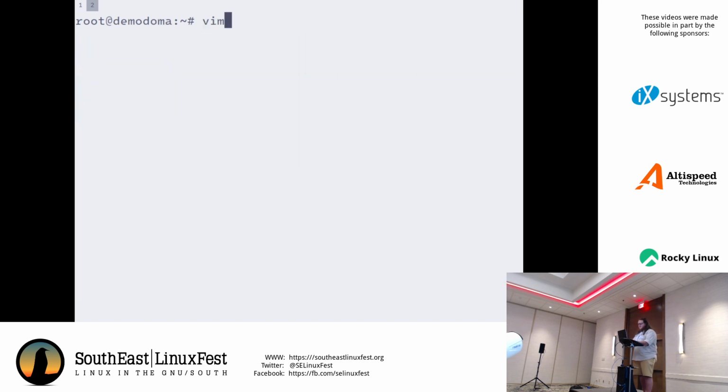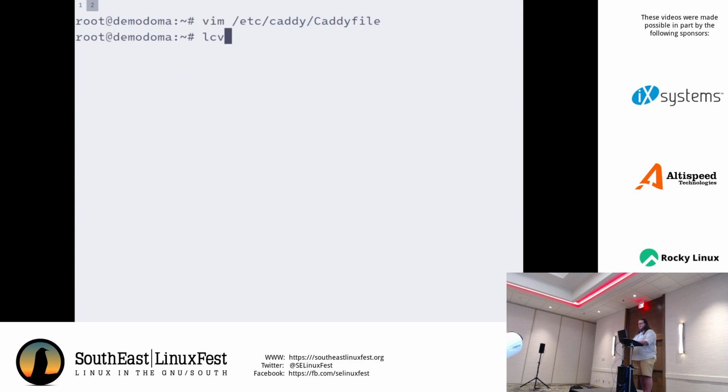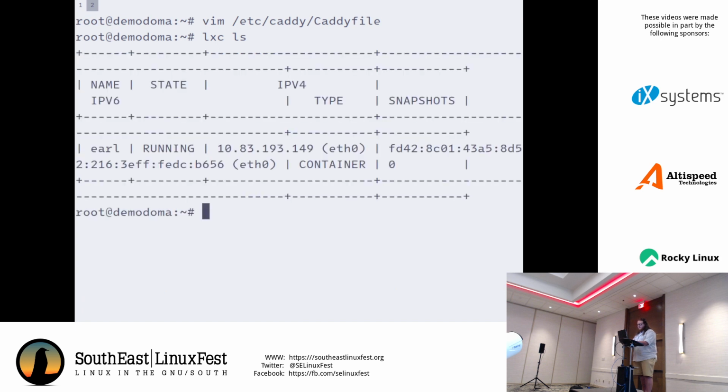So we're going to detach from that session, edit our web server config file, tell it to reverse proxy, but I have to grab the IPv4 address, or IPv6, but I'm just going to do IPv4 for this reverse proxying.